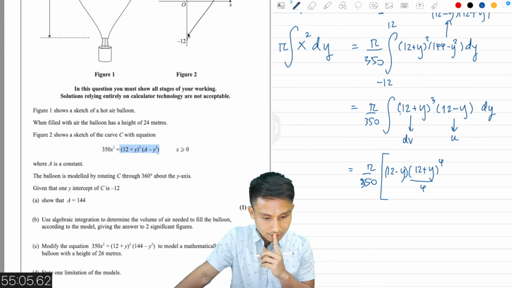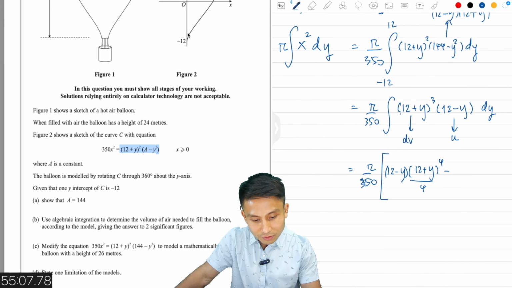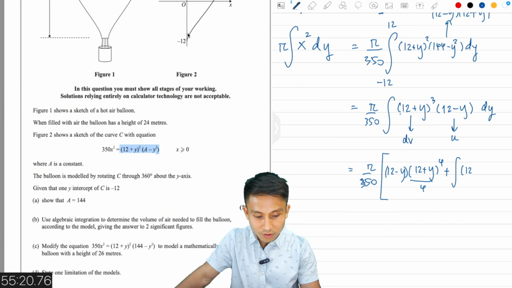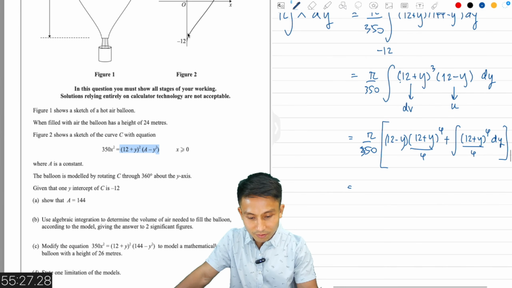And then minus the integral. Differentiate u, you get minus 1, so I'm just going to do plus here. And v again, which is 12 plus y to the power of 4 over 4, dy. Not done yet. Keep going with that.